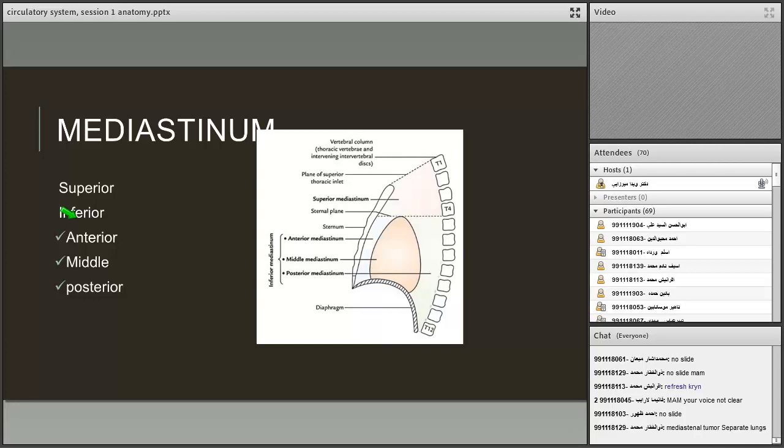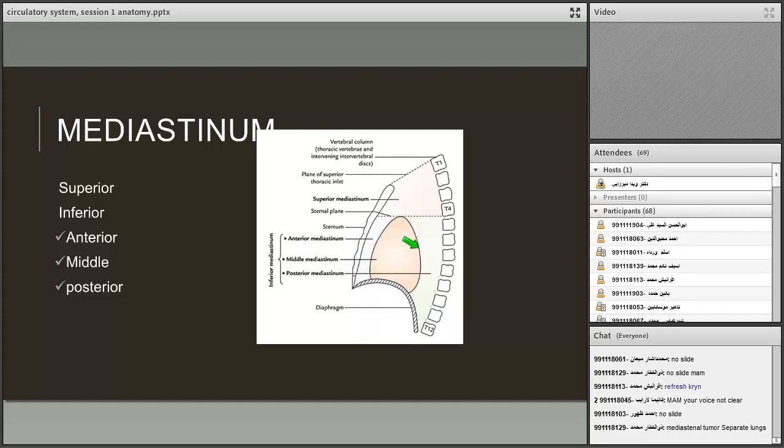In the middle mediastinum, we have the heart. So, the place of the heart is in the middle mediastinum. The space anterior to the heart and posterior to the sternum is called the anterior mediastinum, and the space posterior to the heart and anterior to the vertebral column is called the posterior mediastinum.